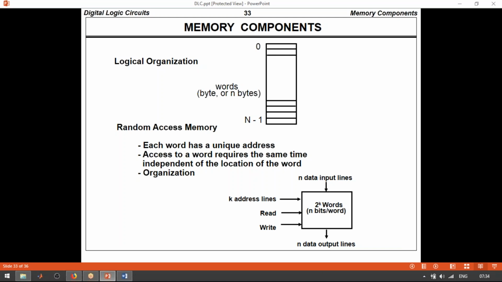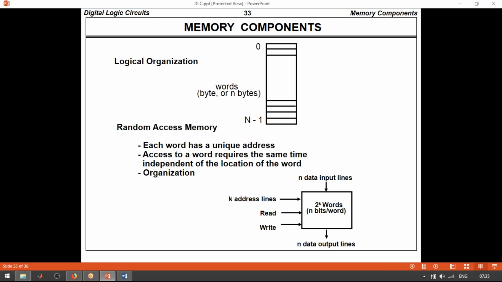Next we have to choose the memory location in which portion I have to read or write the element. For that I use the address lines. I already said that for address selection we are using the decoder circuit.